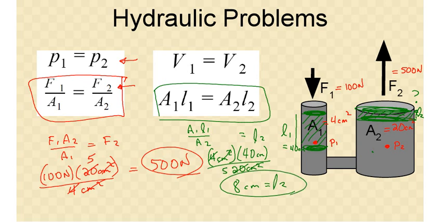Okay? I push my side down 40 centimeters. The car only goes up 8 centimeters. So that's why we have to pump that handle over and over to get the car up high enough to get under it to work on it, or to take the tire off, or whatever we're doing like that.